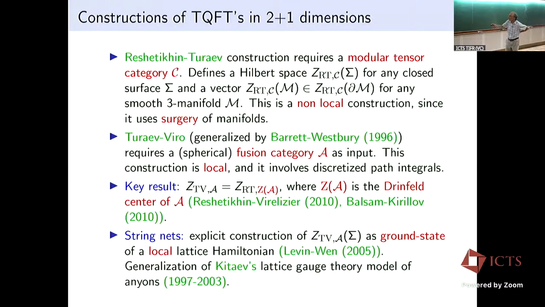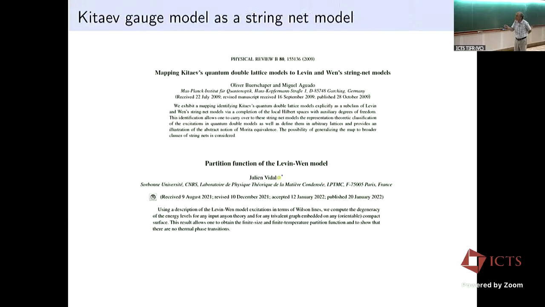This whole zoo, if I may say, of categories appeared in the kitchen of condensed matter physicists thanks to the string-net construction of Levin-Wen, because they wrote all these things in terms of a lattice Hamiltonian, the sum of mutually commuting projectors, which was a far-reaching generalization of Kitaev's lattice gauge theory model of anyons. So that's the short sketch of the history of the subject.